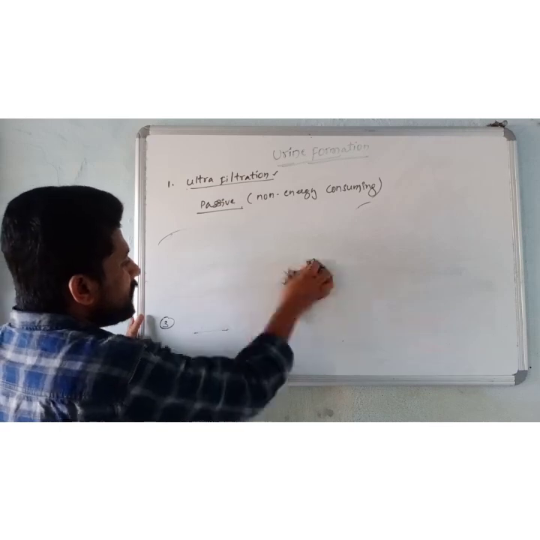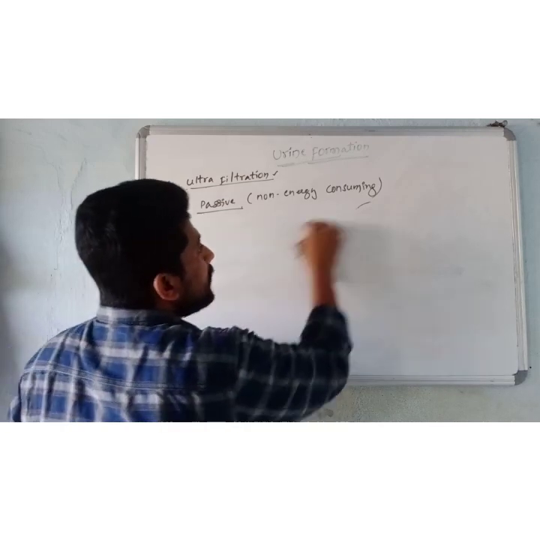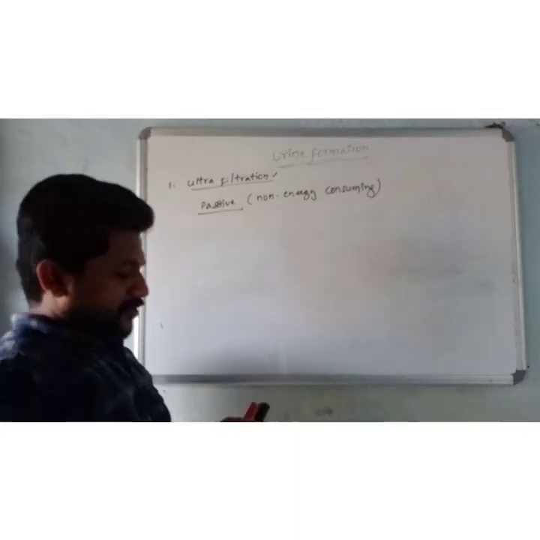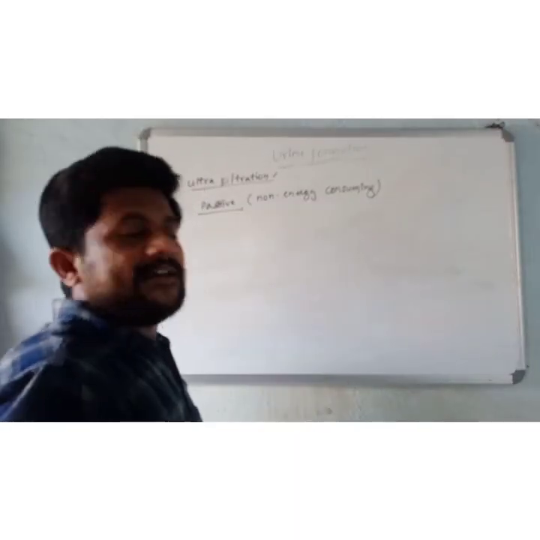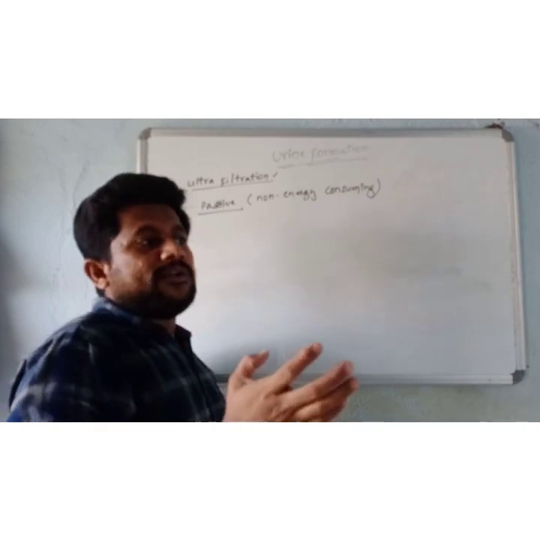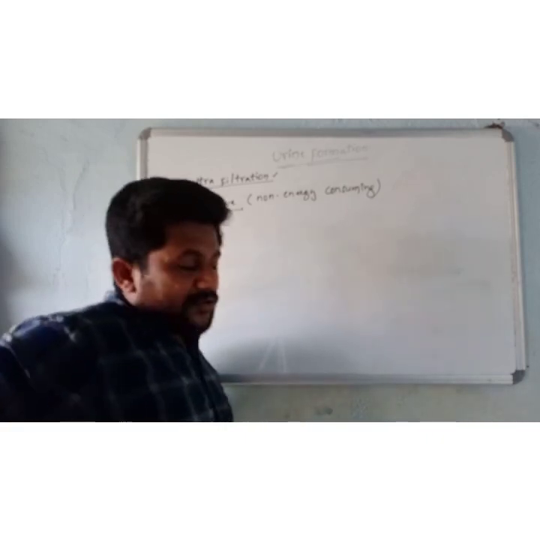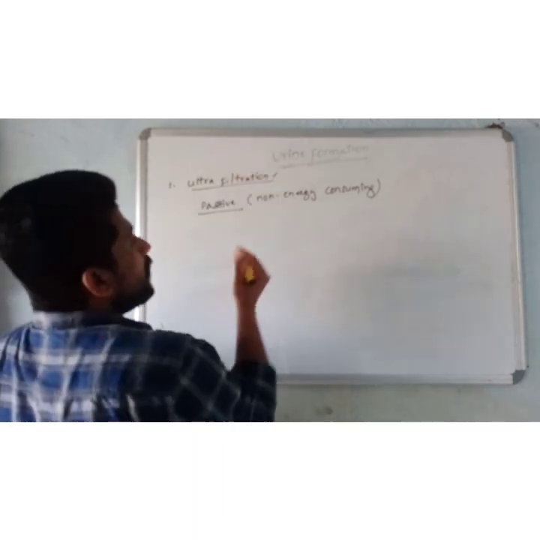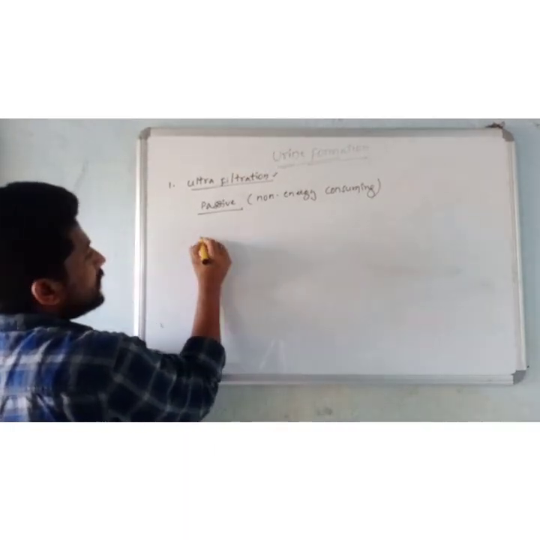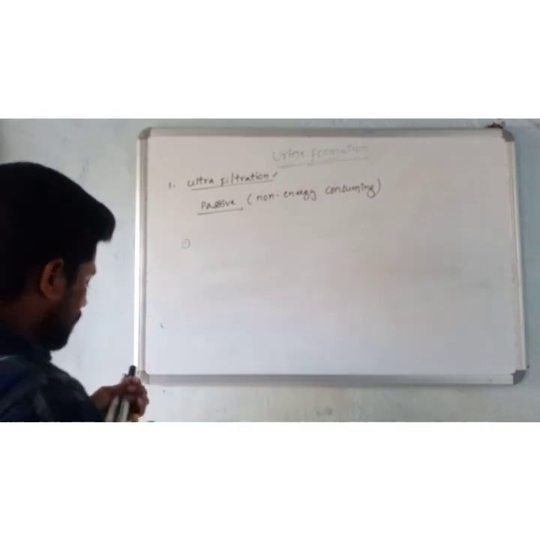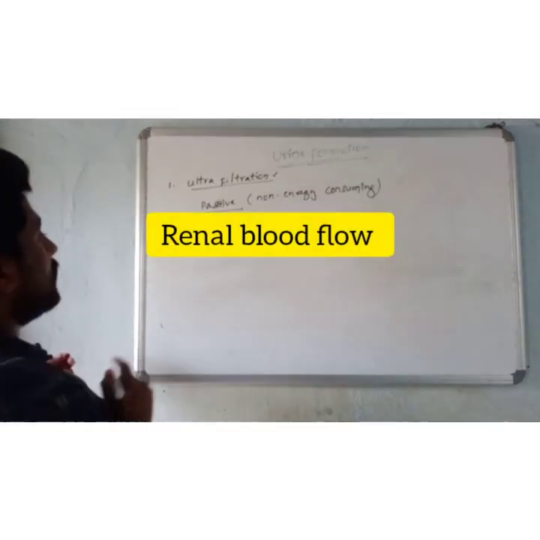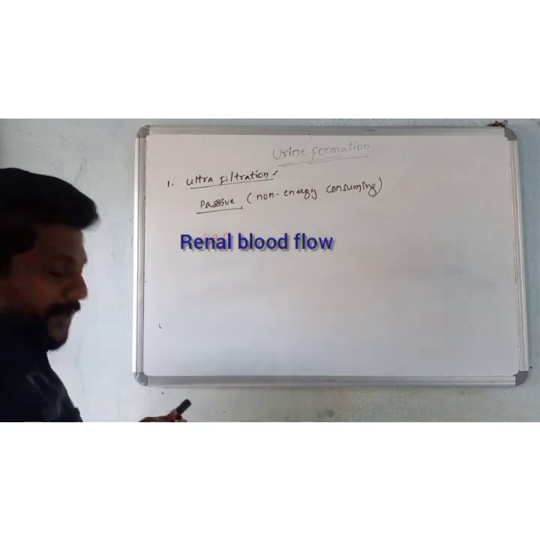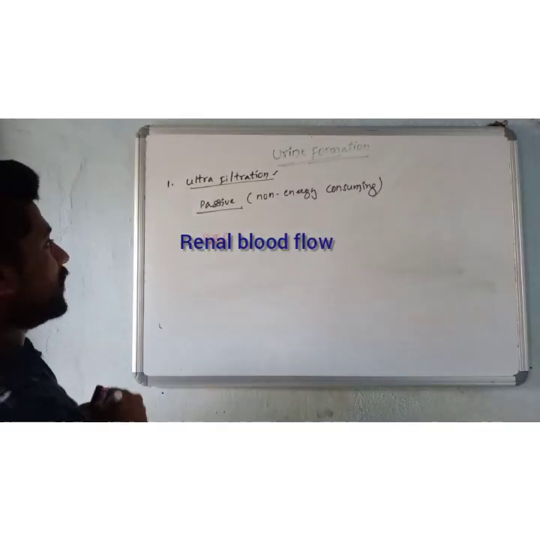Very interestingly, nearly one fifth of the cardiac output, meaning how much blood enters our two kidneys in a minute, I can denote with RBF, renal blood flow.